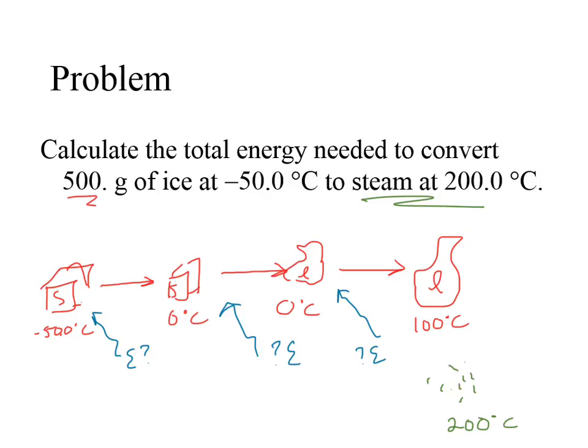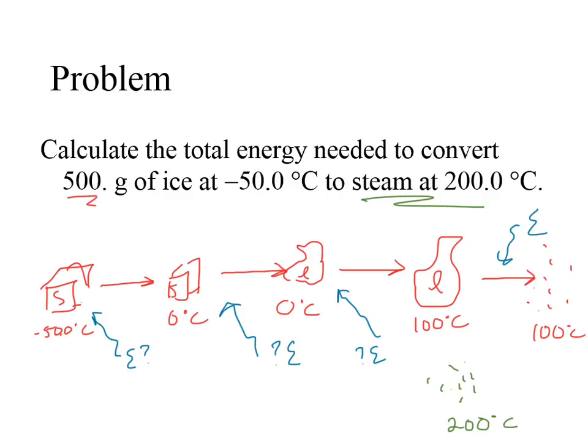And then it's a liquid, and we aren't ready to go here yet, are we? We have to vaporize it. So we're going to take our liquid and vaporize it, holding it at 100 degrees Celsius, and we're going to come up with an energy there.